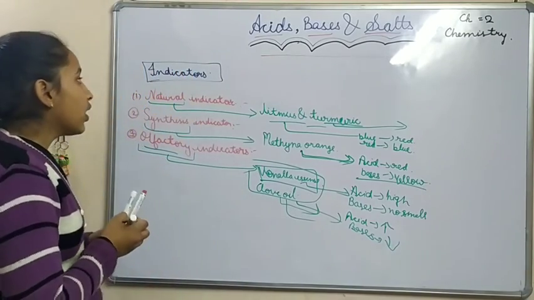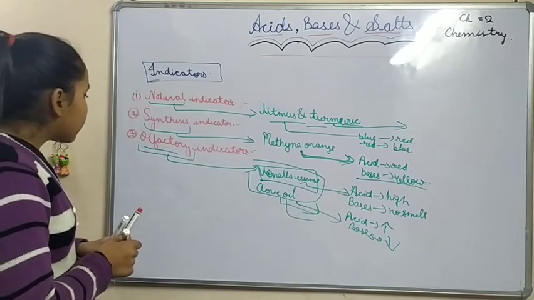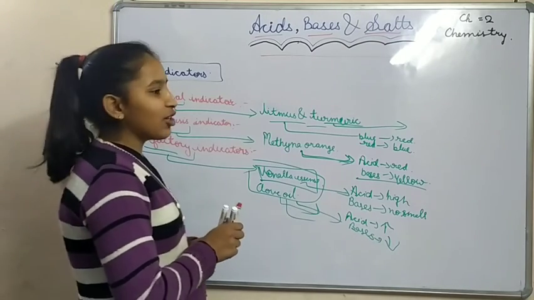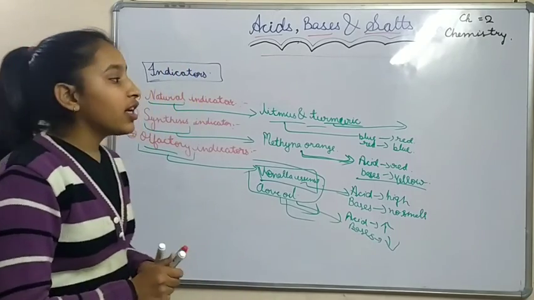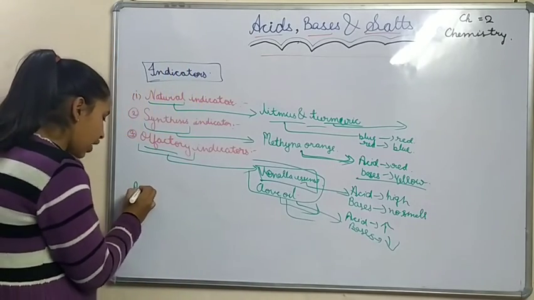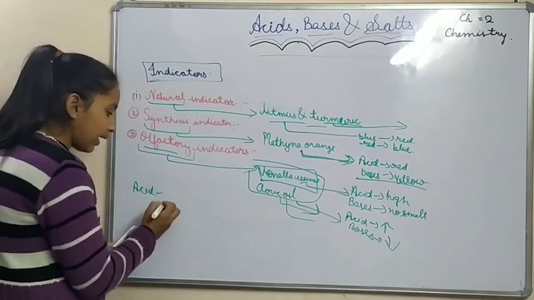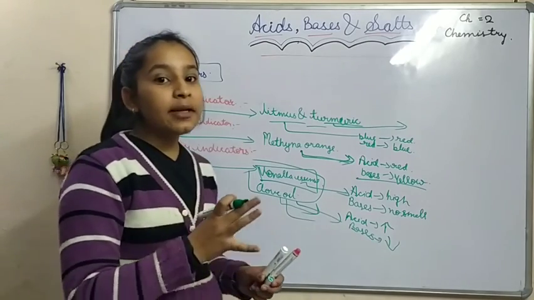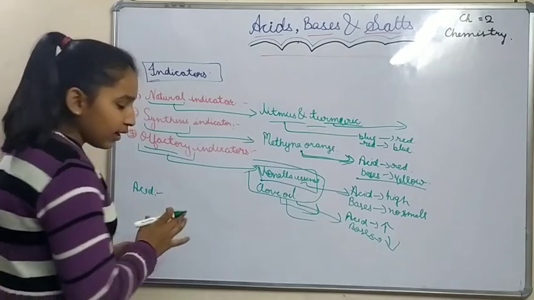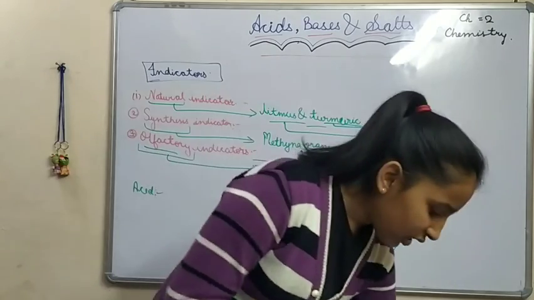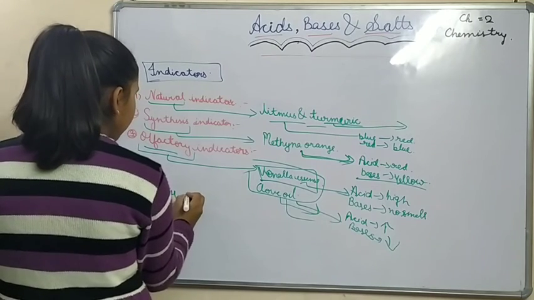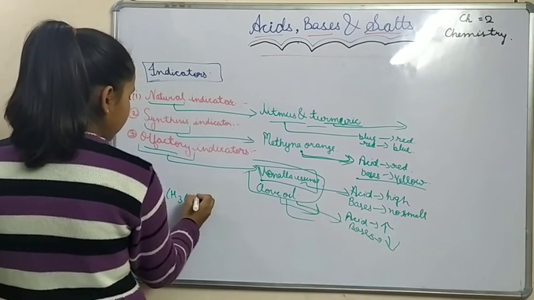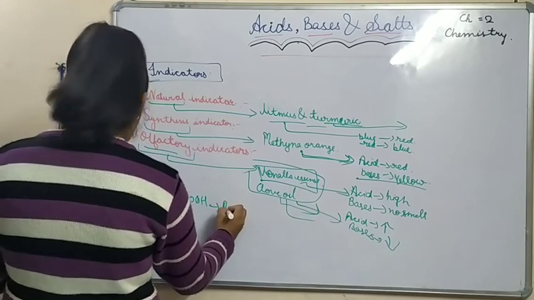So now we have discussed indicators, and we have discussed the types of acid and bases also. Now the acids which I have told you: lactic acid, oxalic acid and citric acid. Lactic acid is known as CH3COOH.